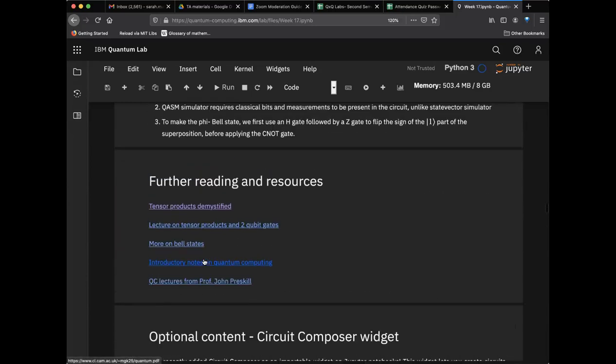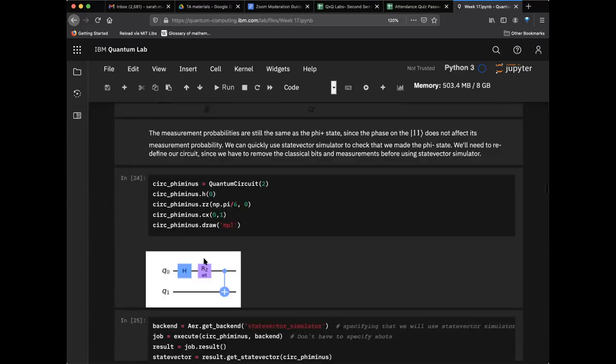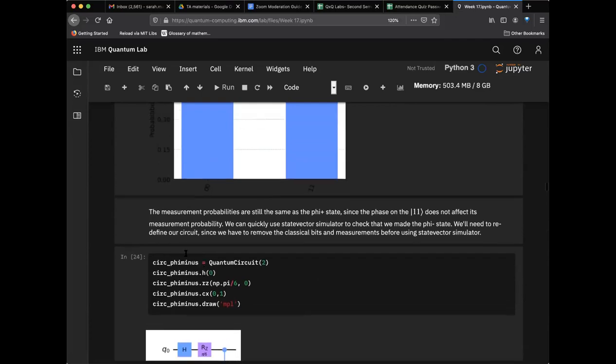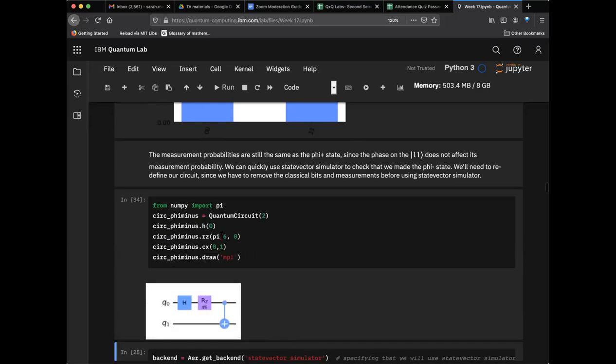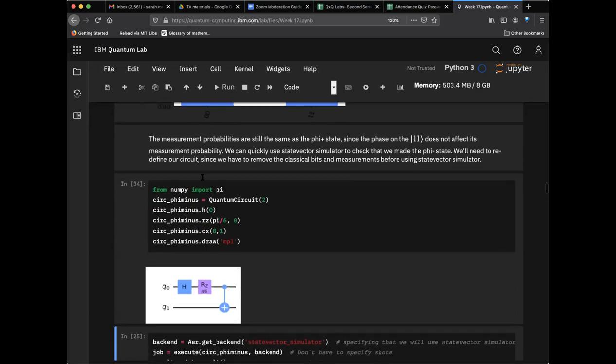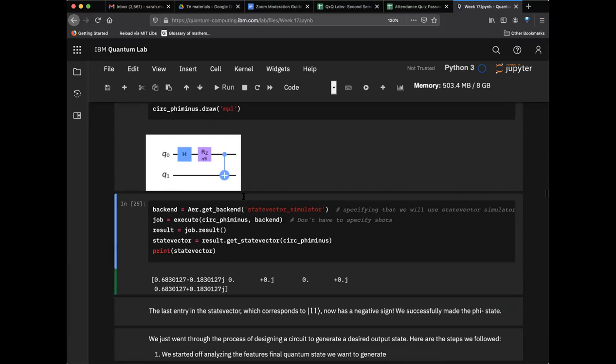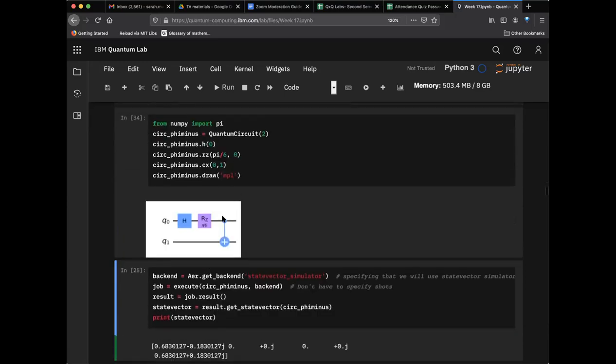If up above here we did from NumPy import pi, we could instead do pi over 6, and it would still work. But if we didn't have this line, then we wouldn't have it defined like that. It is just a matter of how we imported it. You have to do this to write just pi rather than np.pi.